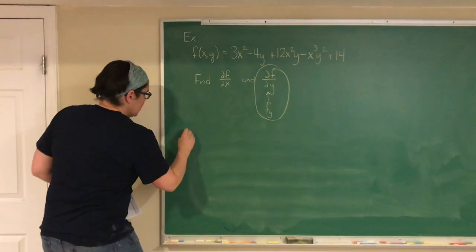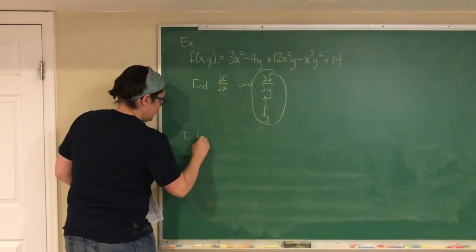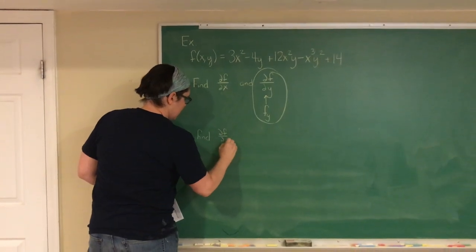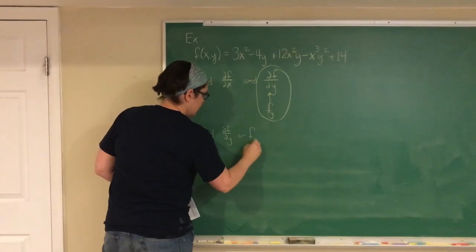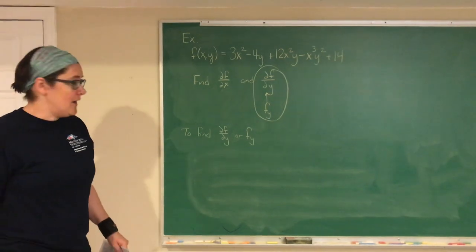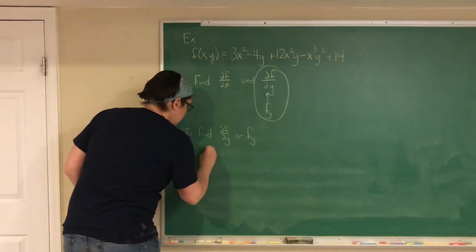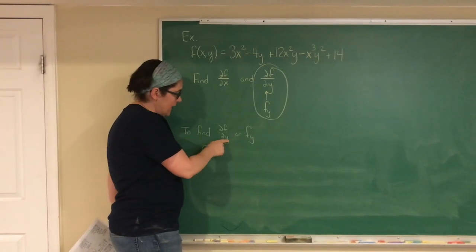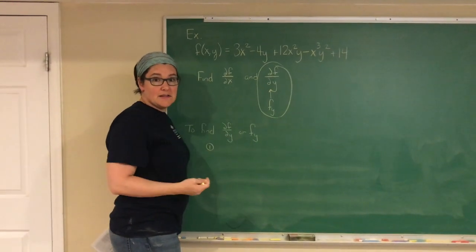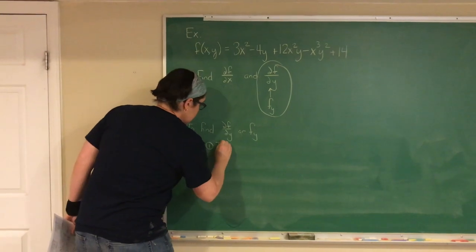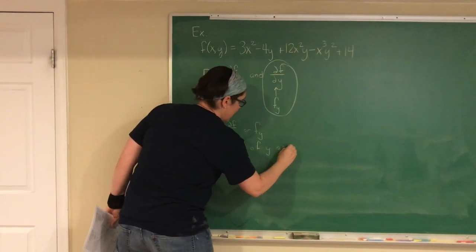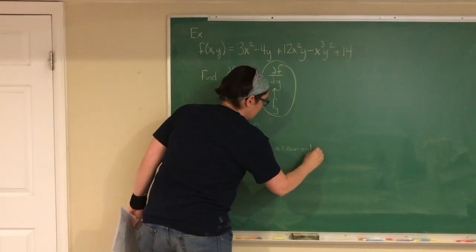Okay, so to find the partial derivative of f with respect to y, or f subscript y, fy, the first thing we want to do is identify that subscript letter, or that letter that's in the denominator. In this case, that's a y. And so the first thing we want to do is think of y as our only variable.